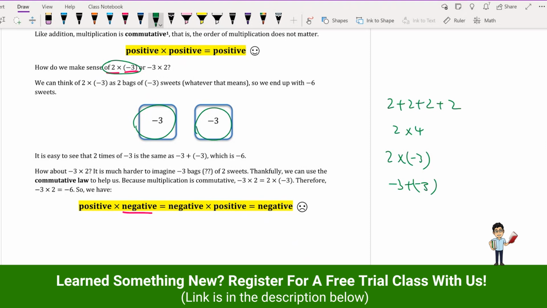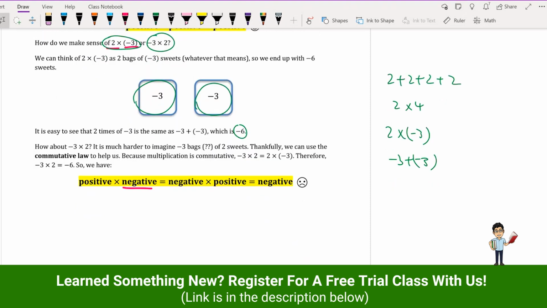So what we understand is this: if I have 2 times -3, I end up with -6. And because multiplication is commutative, 2 times -3 is the same as -3 times 2. So -3 times 2 is also -6. This one is the important one.